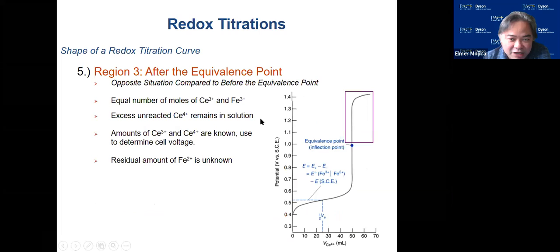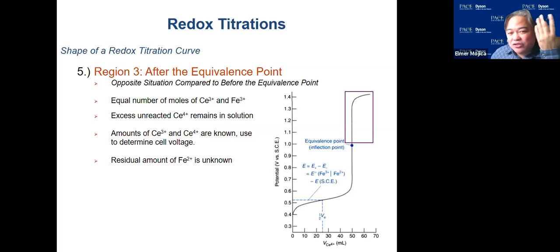Now, how about after the equivalence point? So what happened here? This is just the opposite situation compared to before the equivalence point. Here you have an equal number of moles of your products, and then you have excess Ce4+, because you keep adding Ce4+, but you don't have any Fe2+ anymore.